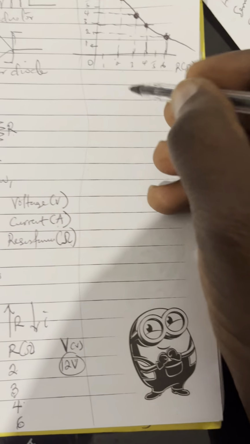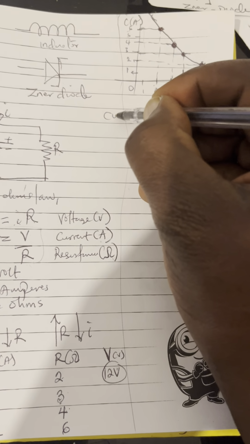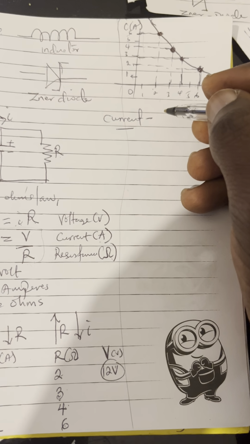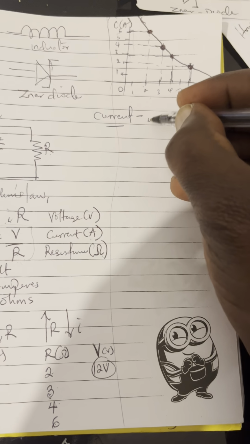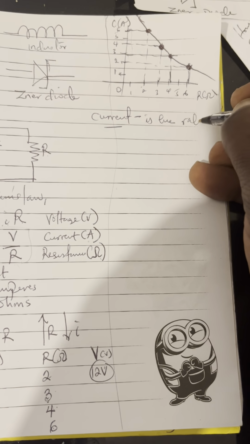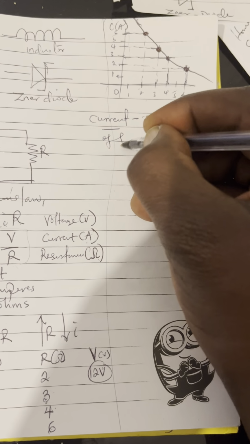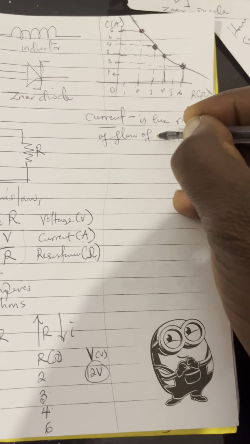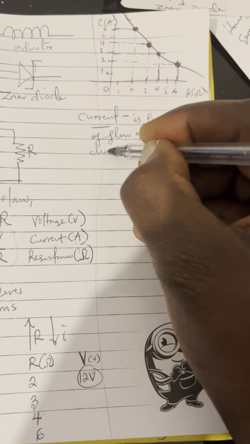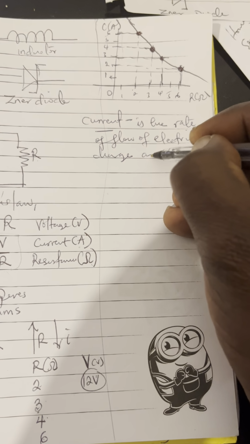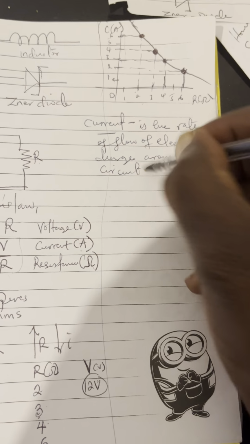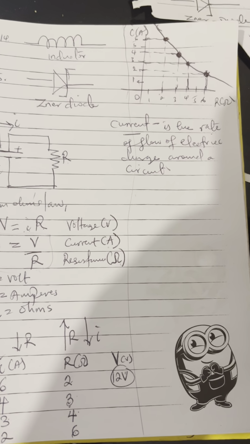First of all, what is current? Current is the rate of flow of electric charge around a circuit.